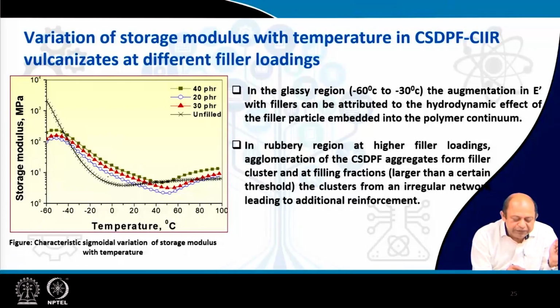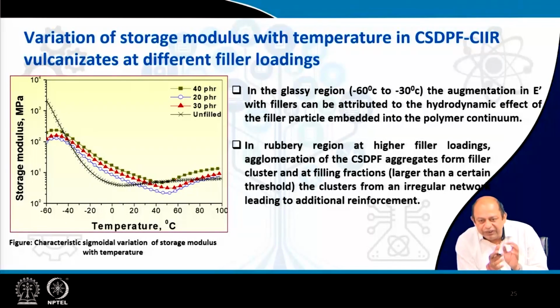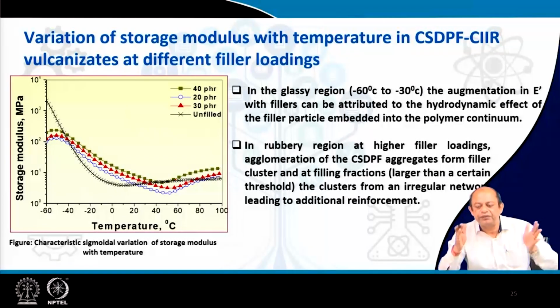As you keep loading it, obviously modulus is going to get high, but in the plateau region a different behavior is appearing. It is because of the gross aggregation, gross reinforcement in that area. Remember, in the rubbery plateau regime, you have segmental motion all throughout the chain involving a large number of segments.